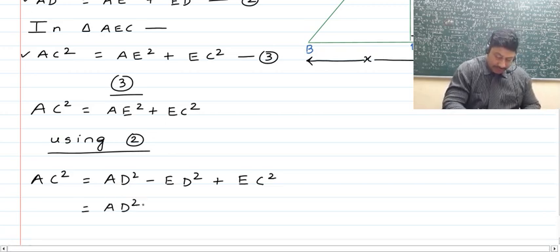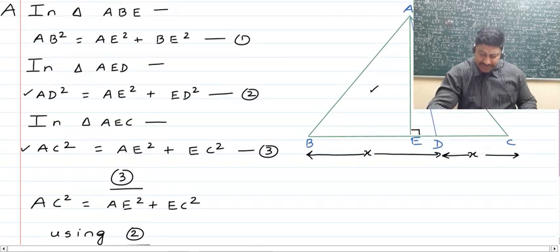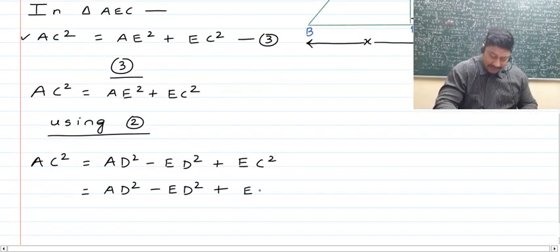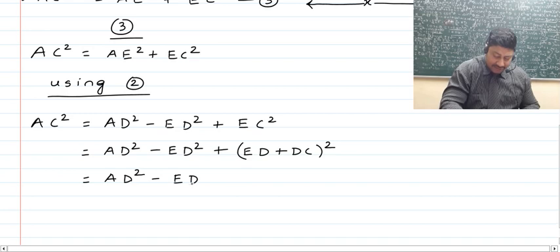AD square minus ED square, we let it remain as it is, and now we keep the value of EC. Remember, EC was ED plus DC. So ED plus DC, and there's also a square of it, so that's why we square it too. Now further, guys, this becomes equal to AD square, right, minus we have ED square, and now we can expand the whole square.